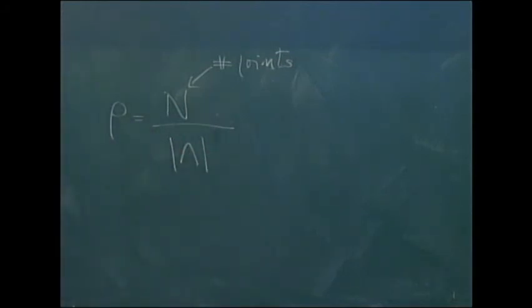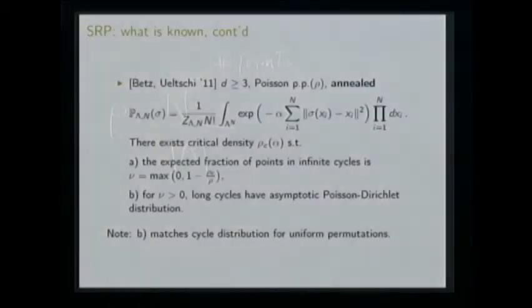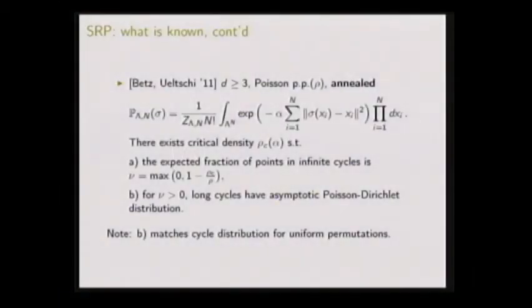And if this density is larger than some critical density rho c, then they can show that the expected fraction of points, not in infinite cycles really, but in cycles having size proportional to the total number of points, so proportional to n, nothing is infinite here.